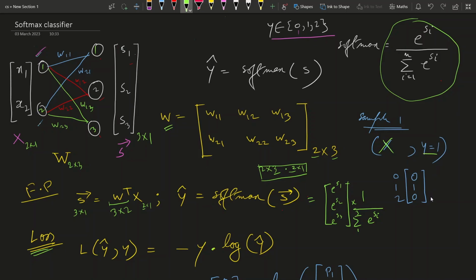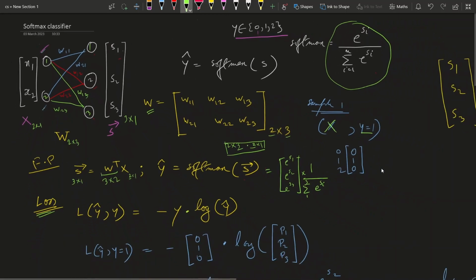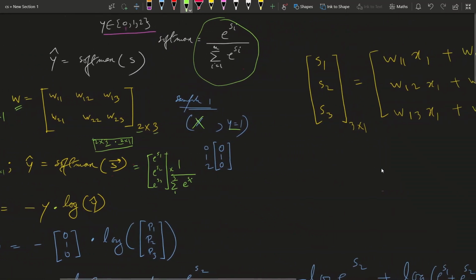But we will transform this into something called a one hot vector, which is quite hot. Sorry, lame joke. So a one hot vector is basically, let's say you have y equals 0. The corresponding one hot vector will be 1 0 0. Why 1 here?